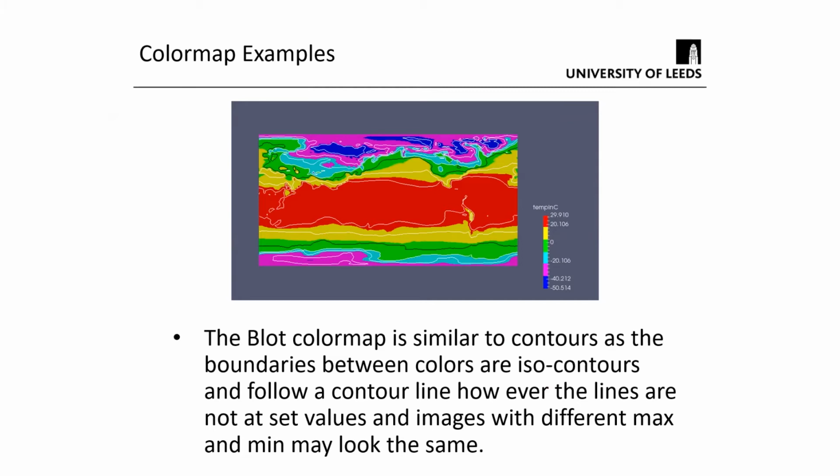So if you can set those boundaries to particular data values, which you sometimes can by manipulating the limits of the range of the data value, you can get lines on your data which are very similar to contours or iso values, and that allows you to not contour your data, and it can be a lot quicker. So that's a little trick that you can use with color and color maps.